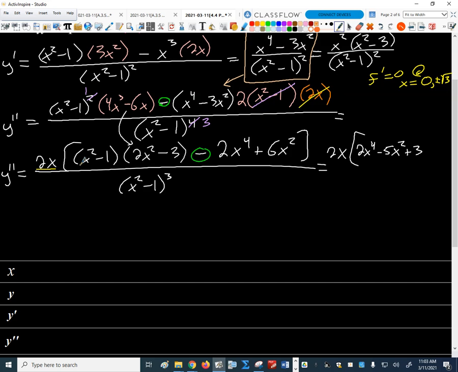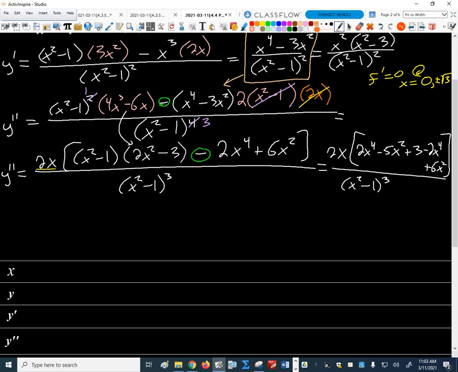So if I FOIL out those binomials, I just get that, right? And then minus 2x to the 4th plus 6x squared, all divided by x squared minus 1 cubed.